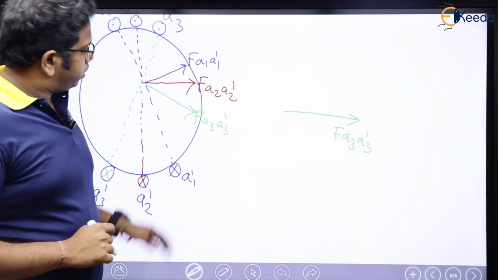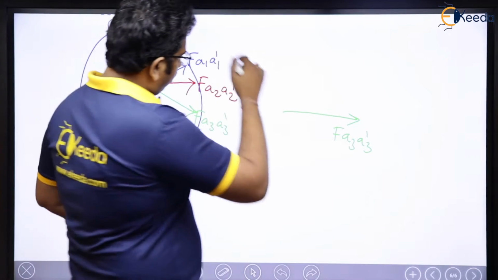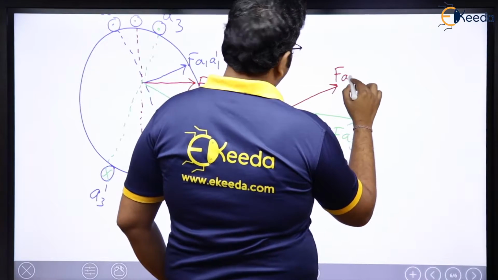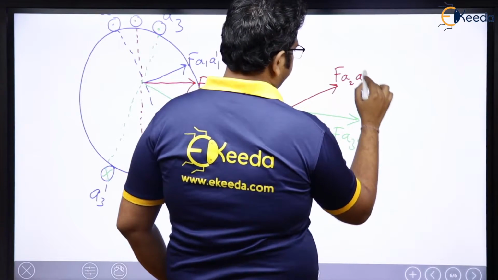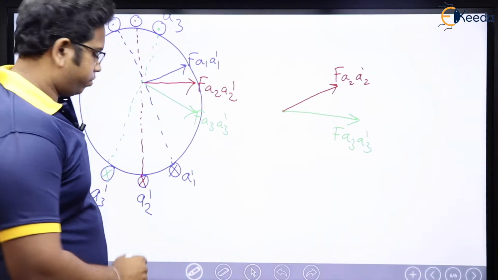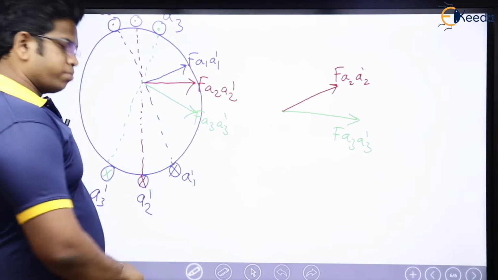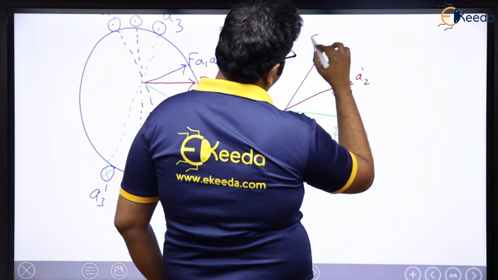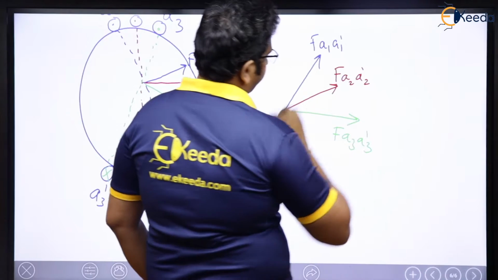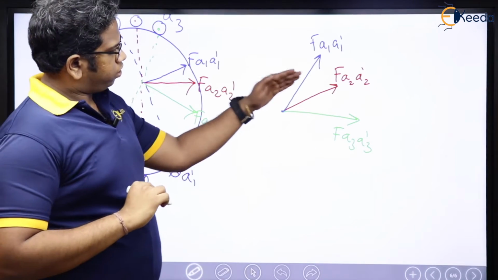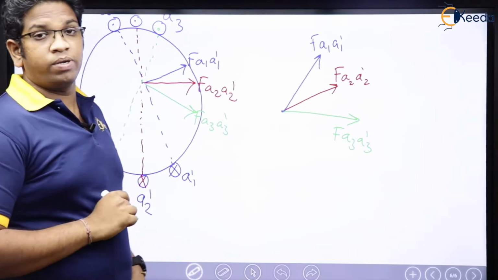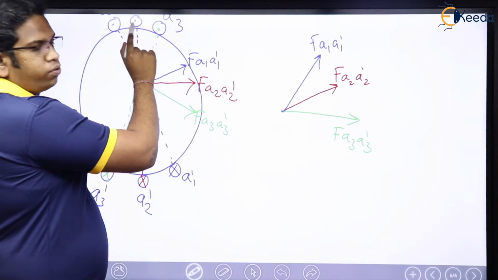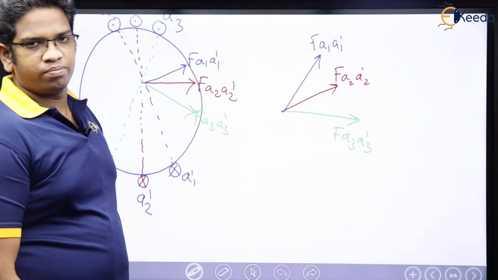So above that is going to come, leading to that I will have F A2 A2 dash, right? Now again, furthermore leading to that I am going to have F A1 A1 dash, and the lengths of all of them are going to be equal. Why? Because whatever maximum value will be here, same maximum value will be here, same maximum value will be here.